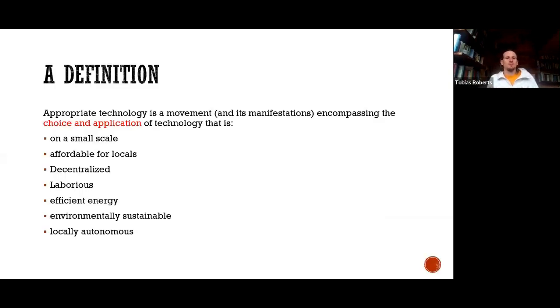So let's start with the definition. This is a fairly widespread and widely held definition of appropriate technology.